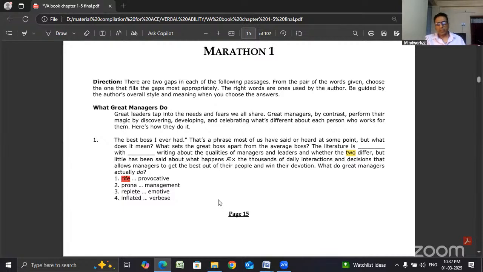Replete with something. Okay. Right. There's nothing wrong in it. But emotive and provocative. This is where I need you to realize that most of the time your emotional response will be reflected in the vocabulary of the options.